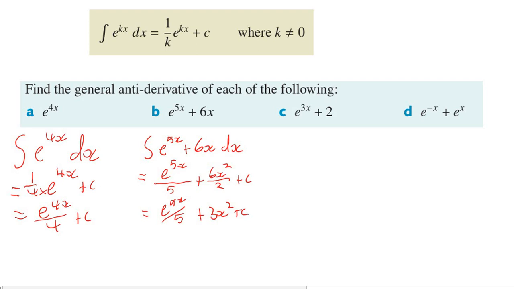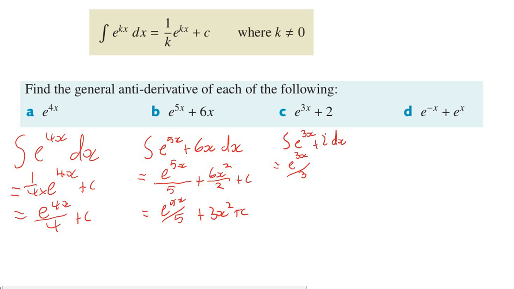Okay. Next one. Integral of e to the 3x plus 2 dx equals... e to the x doesn't change, so that stays as e to the 3x, but we divide by 3.